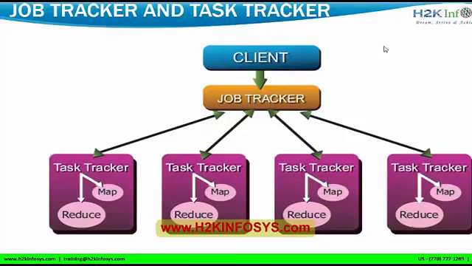The task tracker will perform two functions, a map function and a reduce function. Don't worry about these functions, I will discuss them in detail when we enter the MapReduce sessions. For now, just remember that two functions will be running on each task tracker. The first is the map function and the other is the reduce function.